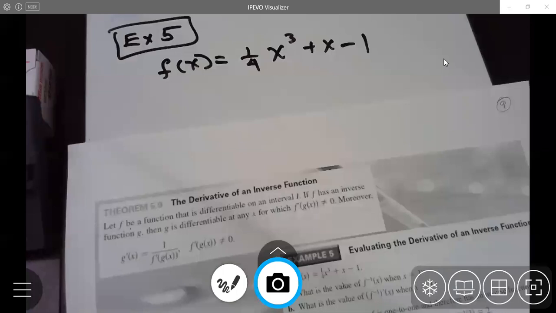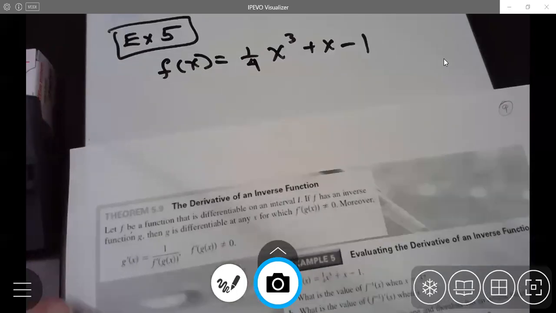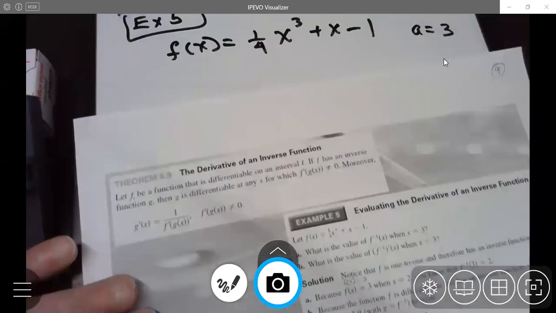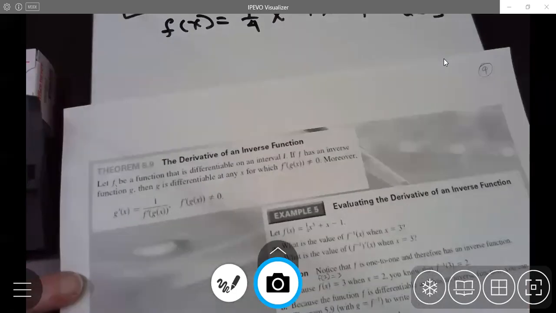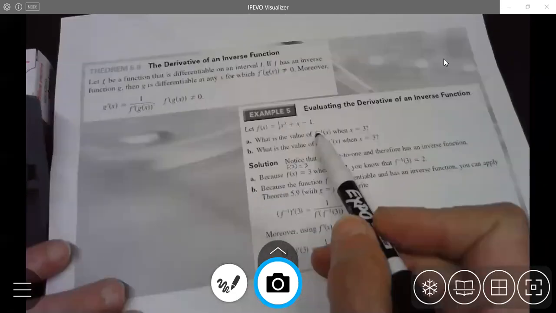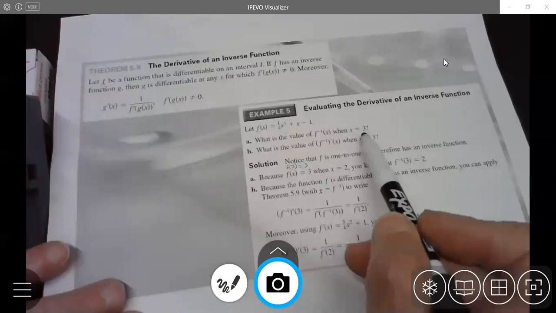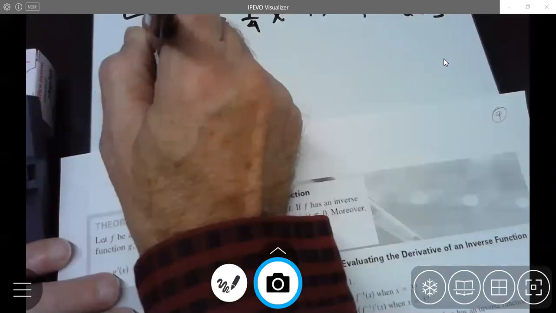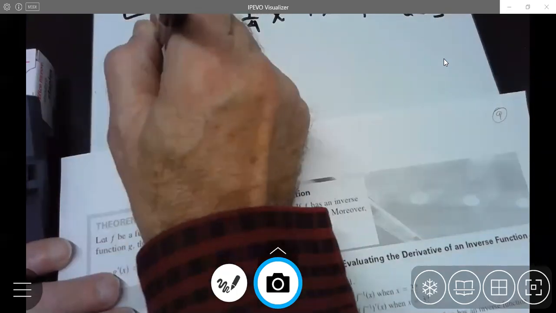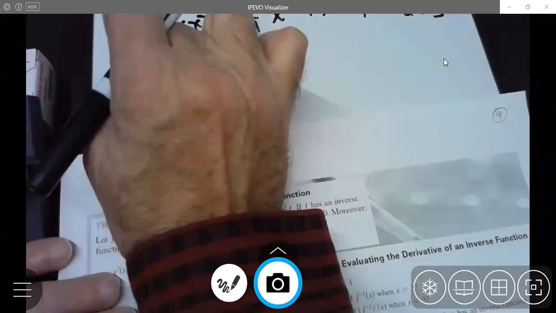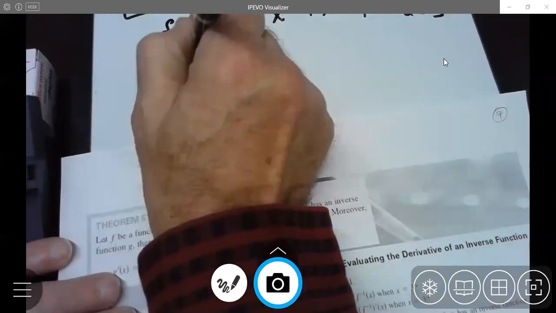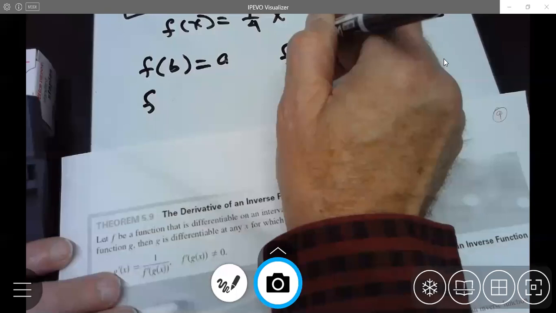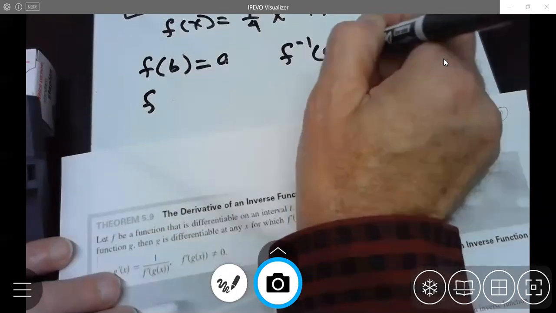Okay, and we're saying here that a equals 3. Well, we want to know what is the inverse when x is 3. So that means that if we had the function f of b equal to a, then the inverse f of a equals b.